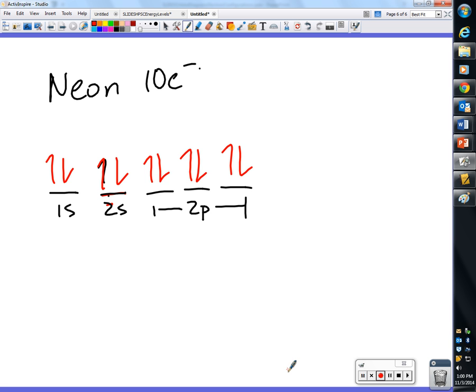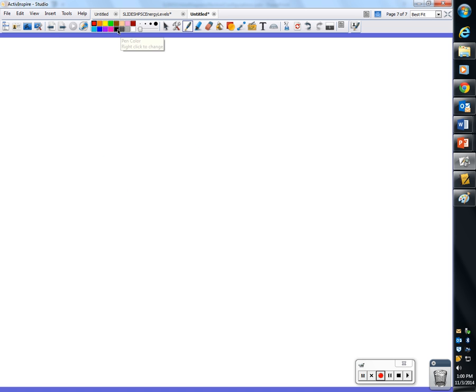All right. We're going to jump ahead a little bit. We are going to jump ahead to potassium. So you find potassium on the periodic table. Potassium has 19 electrons. All right, so we use our chart.